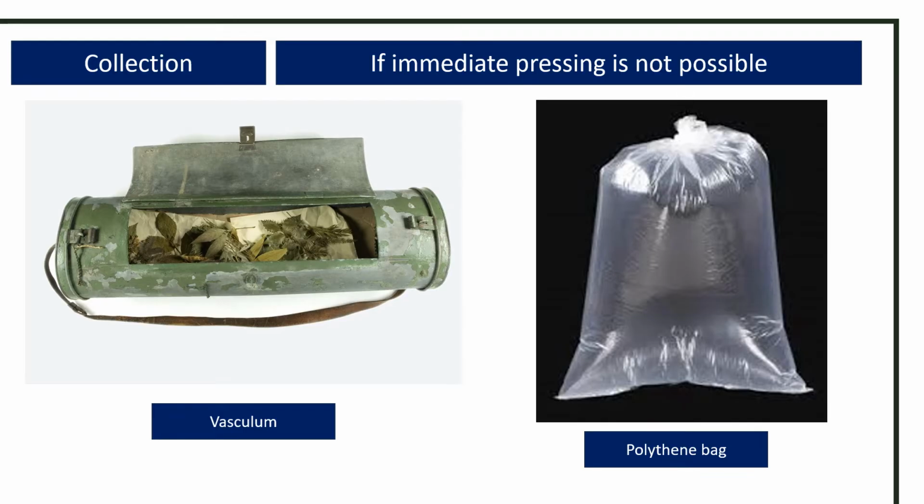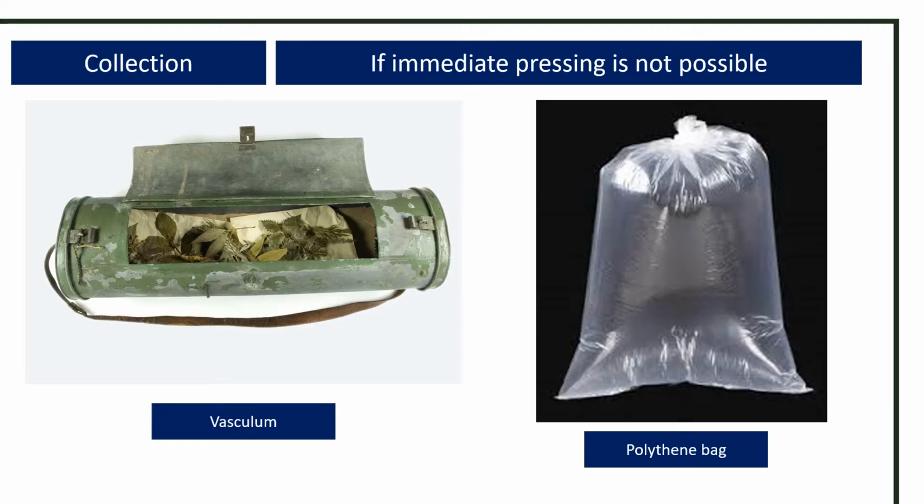The vasculum is a cylindrical type of container where you would put the plant inside, and then close it, and you will carry it till it is being pressed. But there are many challenges while carrying, because of the weight you'll be carrying around.